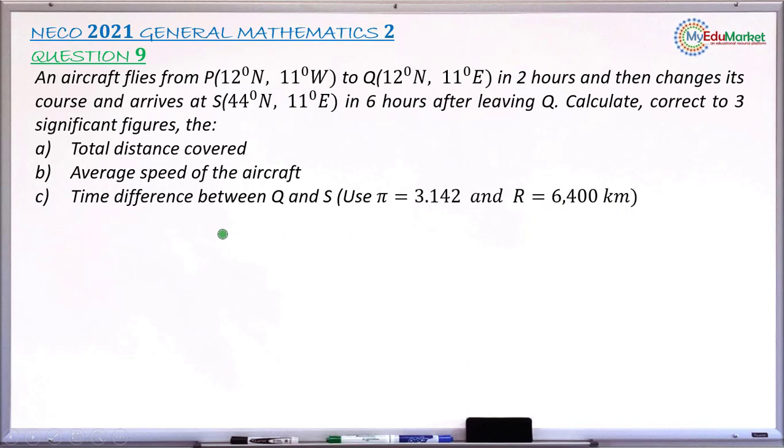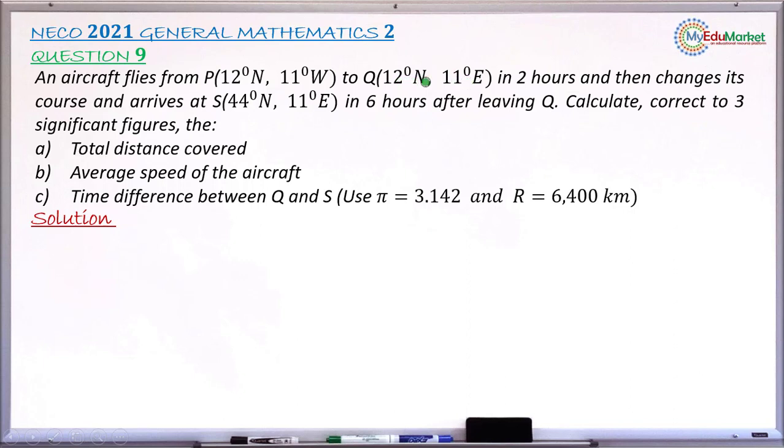So let's attempt to answer this question. Going back to the question, the aircraft flies from location P, which is on 12 degrees north latitude and 11 degrees west longitude, to Q, which is on latitude 12 degrees north and 11 degrees east longitude.